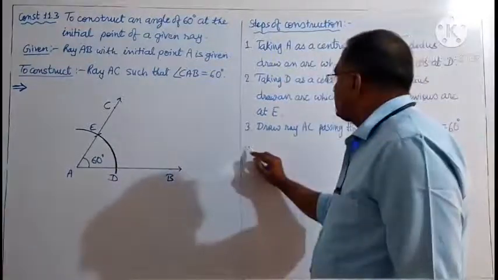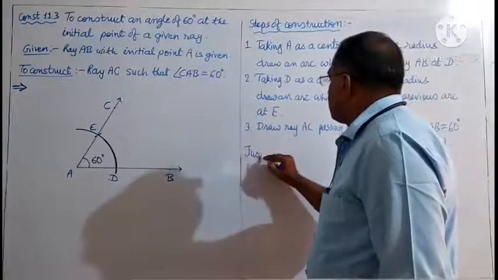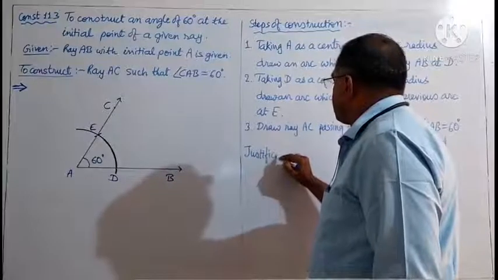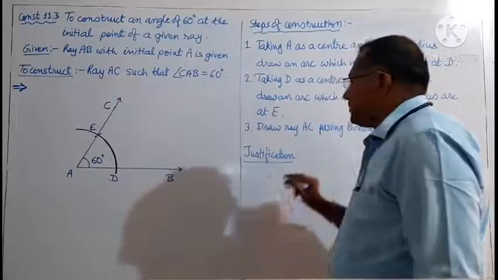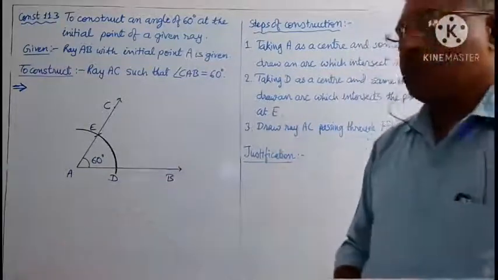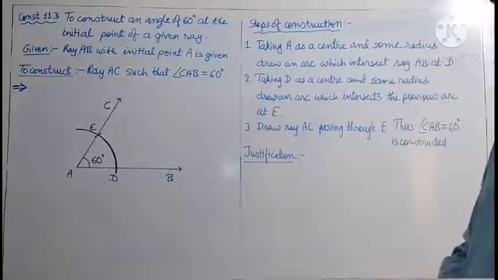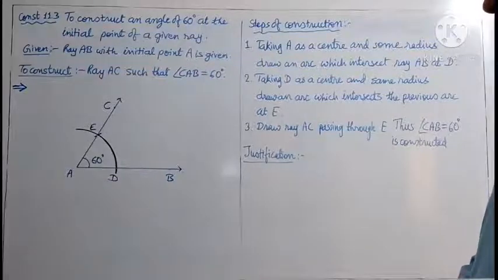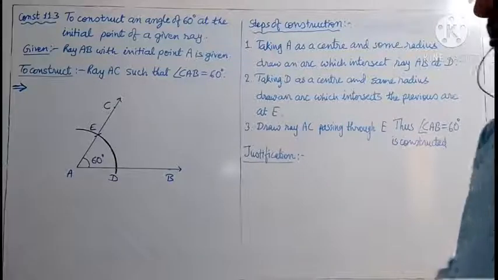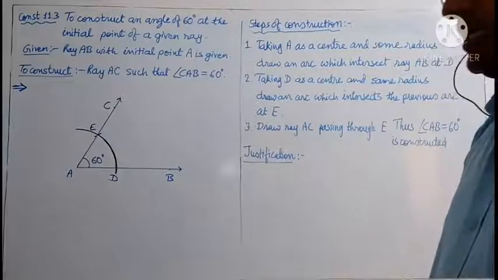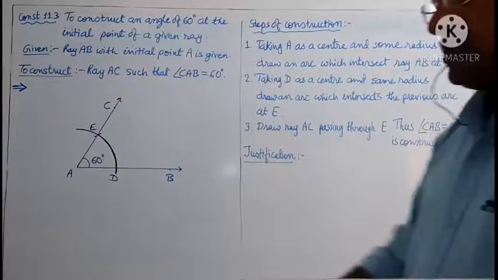So for that justification, you see, we have drawn the AD with some radius. Then we have drawn a radius of AD and AE, both same. Also, we have drawn DE here, that is also with the same radius.